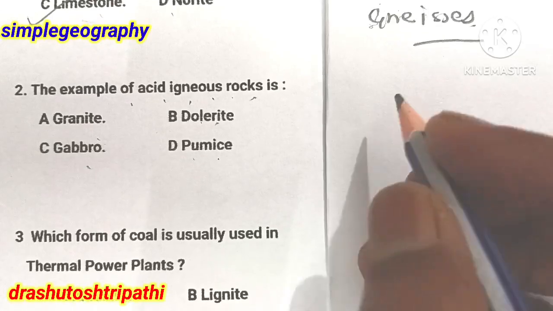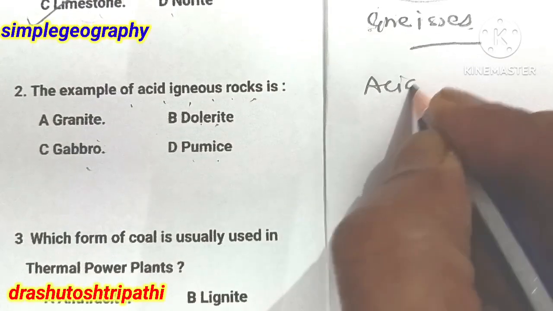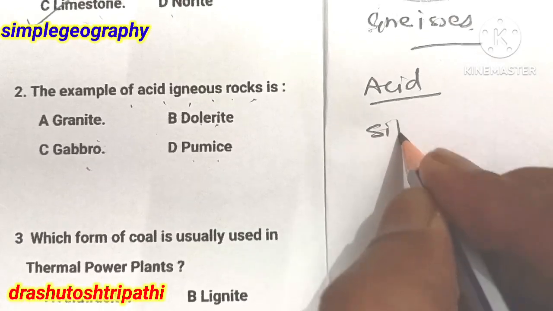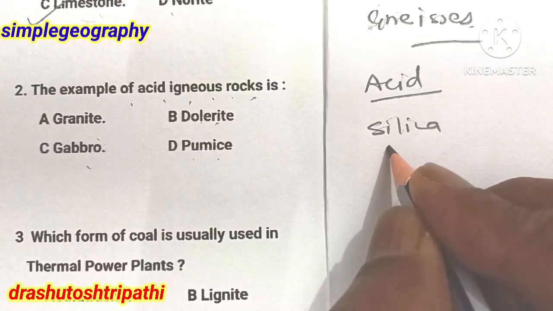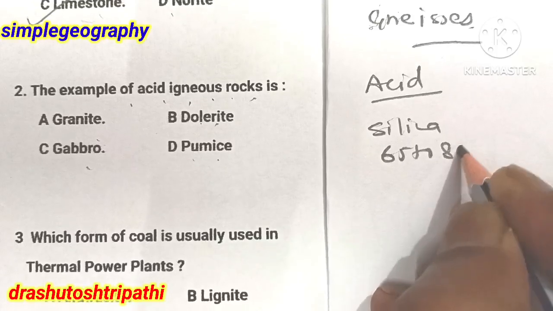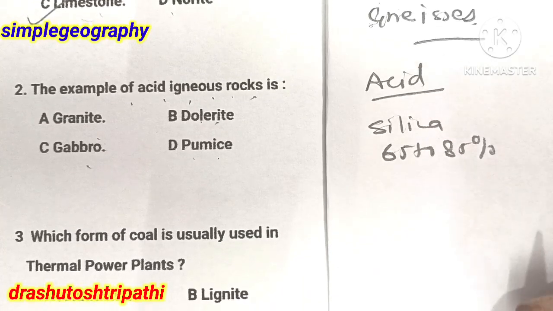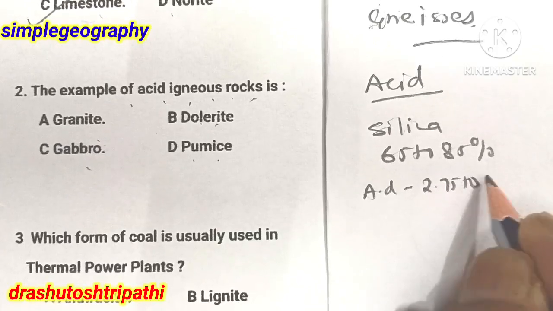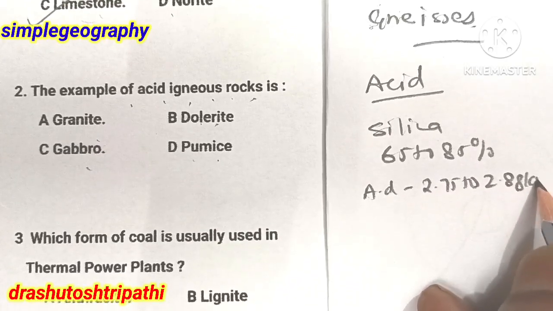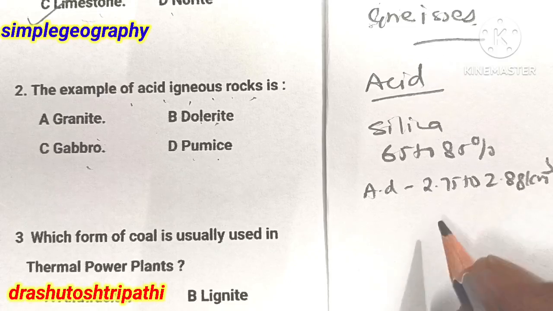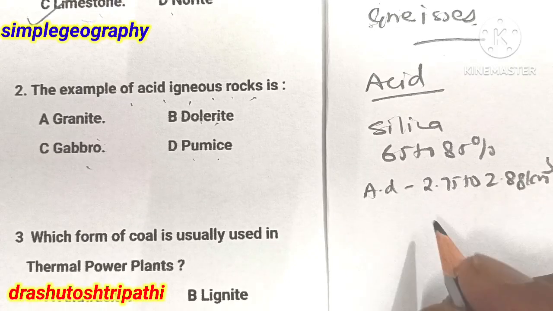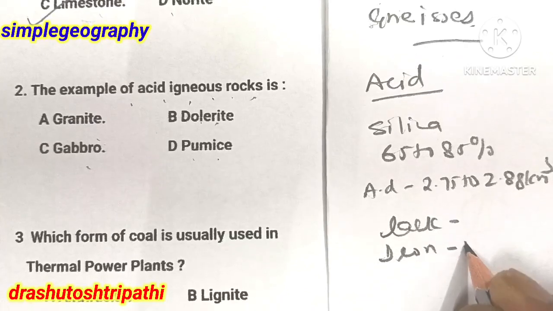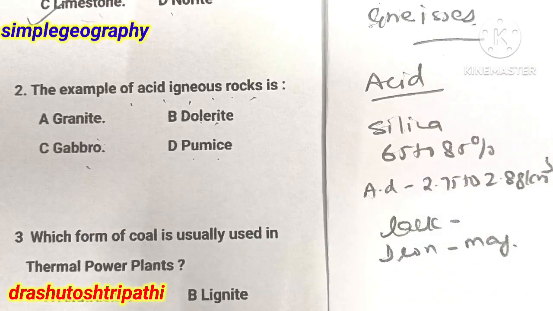First, you need to know what an acid igneous rock is. These are the rocks which have silica content between 65 to 85%. The average density of this rock is 2.75 to 2.8 grams per cubic centimeter. These generally lack iron and magnesium.